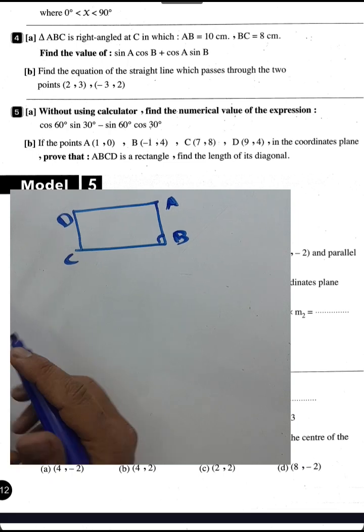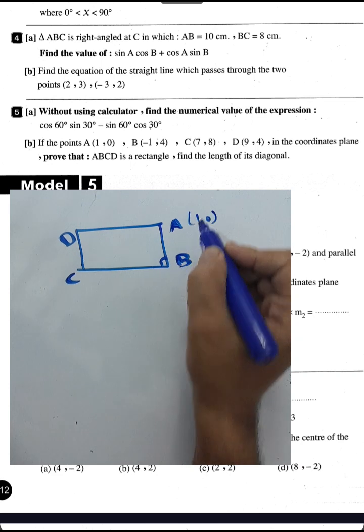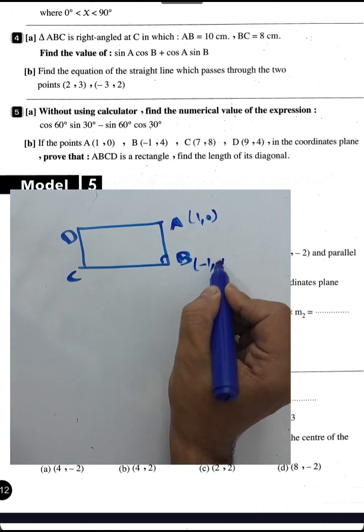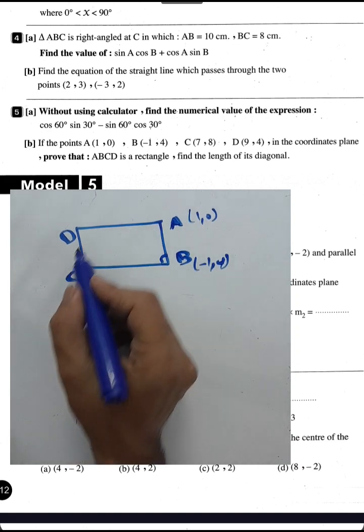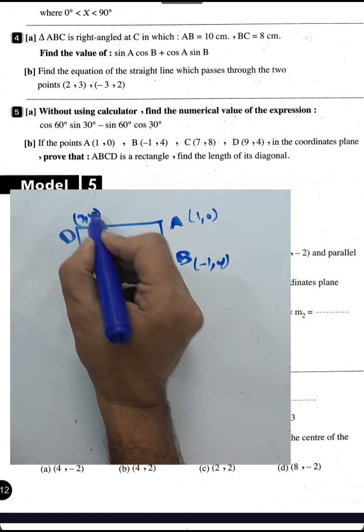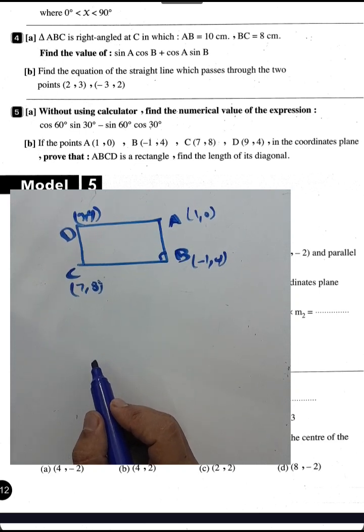Okay, write the points with me. A is 1 and 0, B is negative 1 and 4, C is 7 and 8, and D is 9 and 4. We want to prove that ABCD is a rectangle.